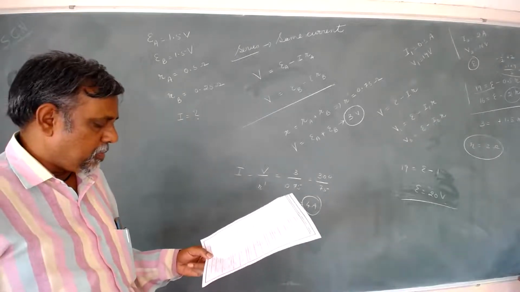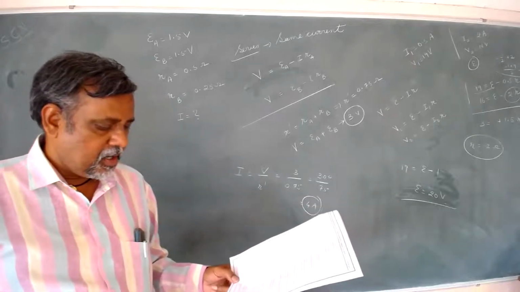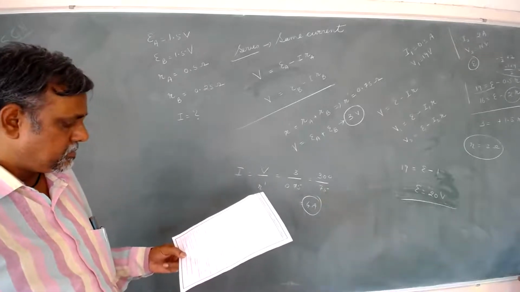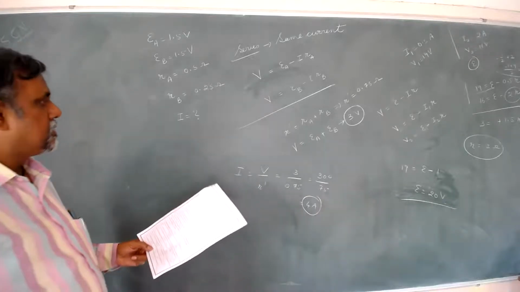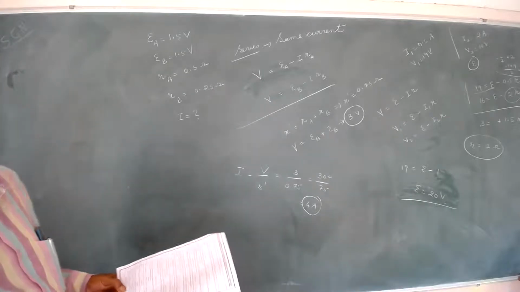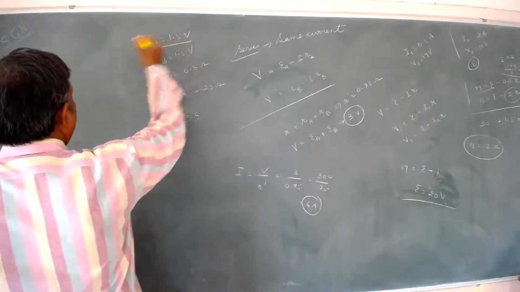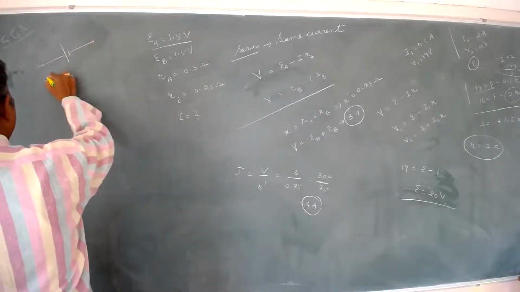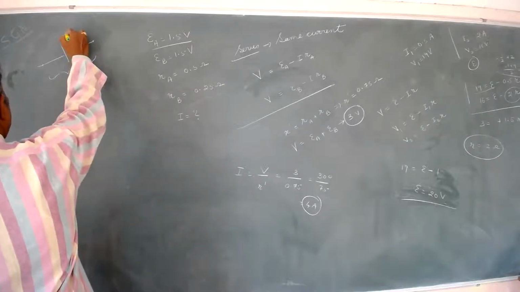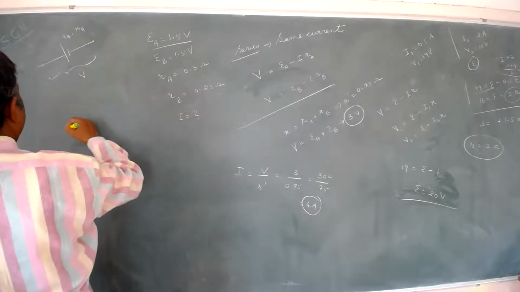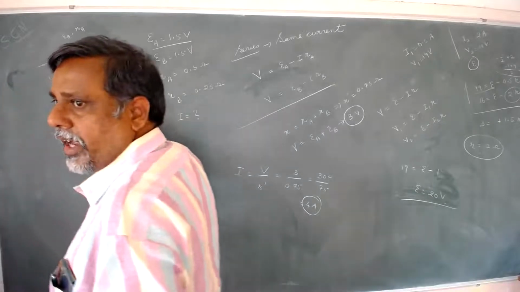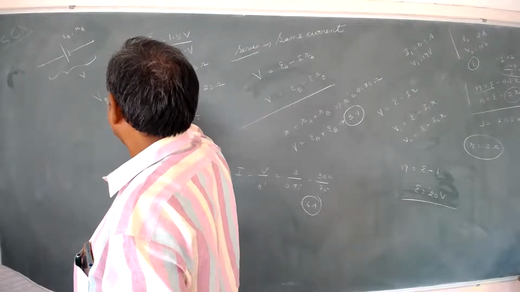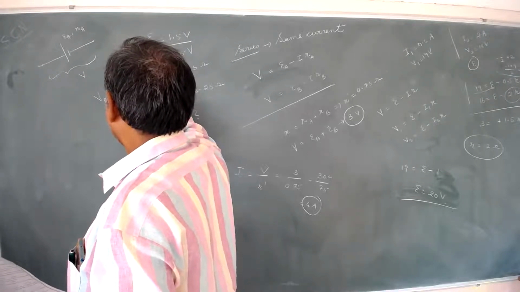Okay, so in the above problem, calculate the potential difference across the terminals of the cell A. Across the cell A, the potential difference you need to calculate. This is epsilon A, and this is RA. So the potential across A is equal to epsilon A minus the current passing through it into RA.